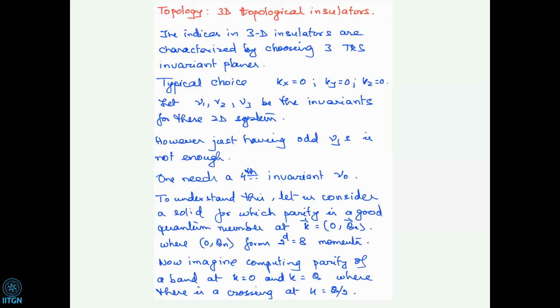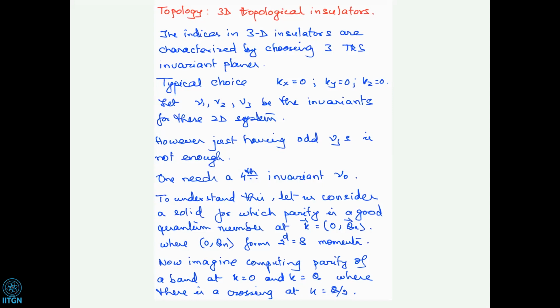Under time reversal symmetry, any point is mapped onto (0, -ky, -kz), which means that any point on the plane gets mapped onto another point on the plane under time reversal. So all momenta in the plane stay inside that plane under time reversal symmetry. Such planes are called time reversal invariant planes, and the 3 obvious choices are kx, ky, and kz equal to 0.